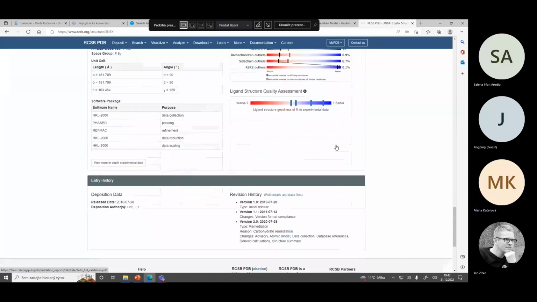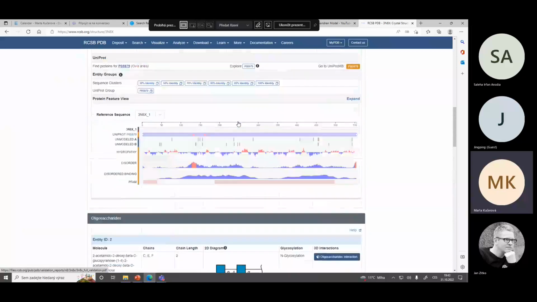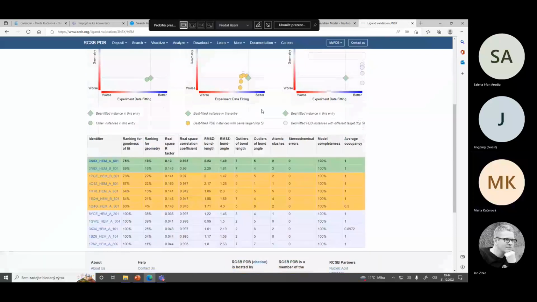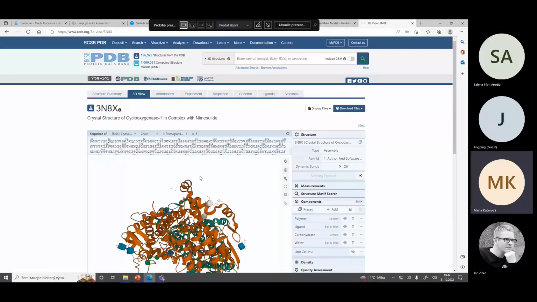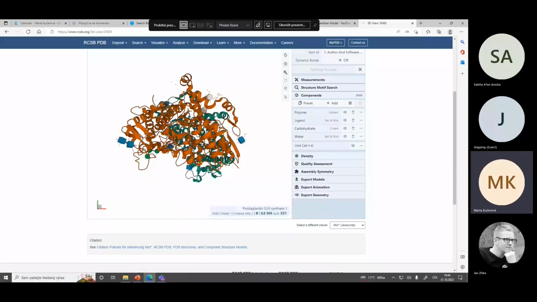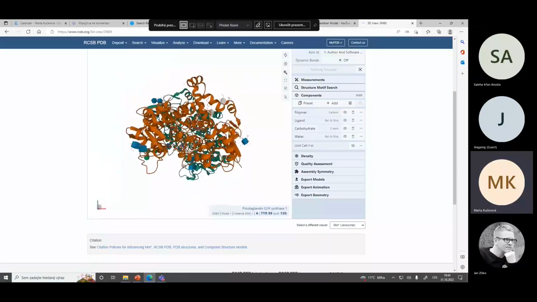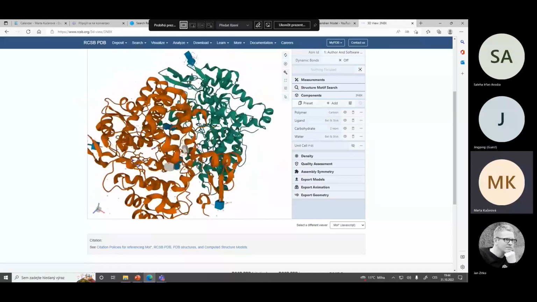And here are some more details about the experiment, about the X-ray experiment, which you also find in the toolbar: experiment, sequence, and so on. So okay, it's not so interesting. However, here you can find the second toolbar. You are able to find a viewer where you can rotate a little bit, enlarge, and find the ligands.